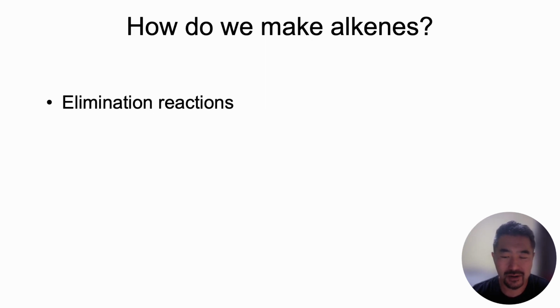Anyway, one of the other things in this chapter that we should discuss is how to prepare alkenes. There's basically two ways. There's kind of a third method that we will not discuss this semester. The first method is elimination reactions.